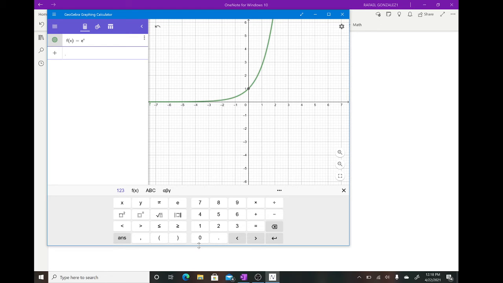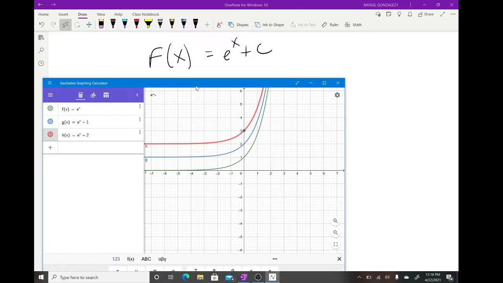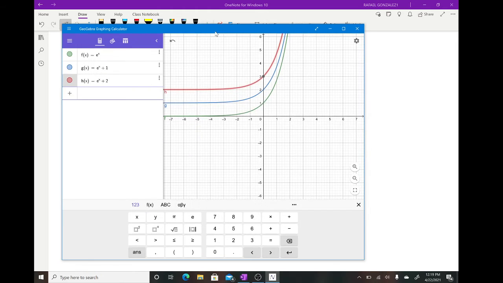So that's e to the x plus 0, right? But then we could also have e to the x plus 1. Notice how that shifts the function up 1. We could have e to the x plus 2, which is what we had as a solution. Yeah, we have e to the x plus 2. So the red one is the particular solution that we had.